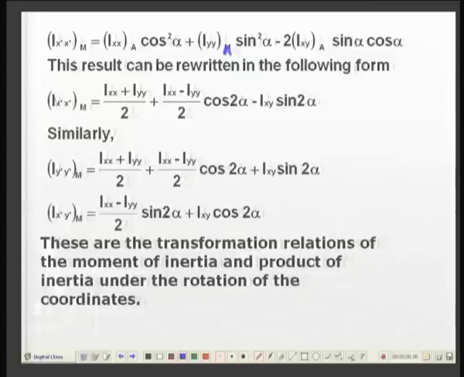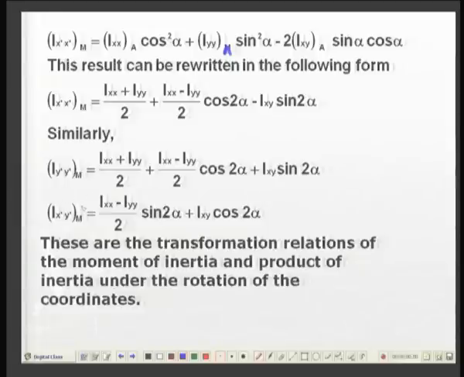Then for the mass moments of inertia, I x dash in the new coordinate system is related to the corresponding terms in the old coordinate system: I x x plus I y y by 2, plus the difference, I x x minus I y y by 2 cosine 2 alpha, minus the mass product of inertia I x y sin 2 alpha.